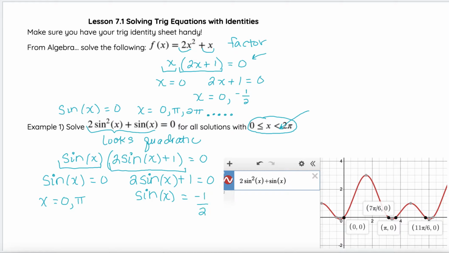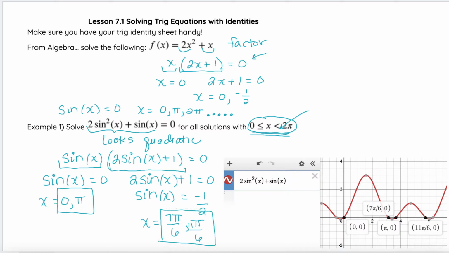Again, looking around my unit circle, sine is equal to negative 1/2 at 7 pi over 6 and 11 pi over 6. Those are all within the parameters provided. My values of x are 0, pi, 7 pi over 6, and 11 pi over 6.